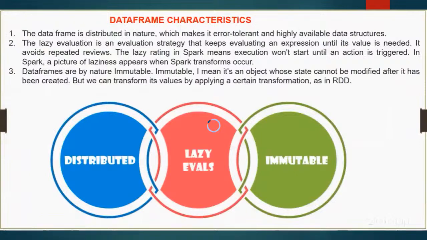Like RDD, a data frame is also lazily evaluated, because Python itself supports lazy evaluation. It keeps evaluating an expression until the value is needed. When we use the action, only then do we get the value from that transformation. So it avoids repeated evaluations.